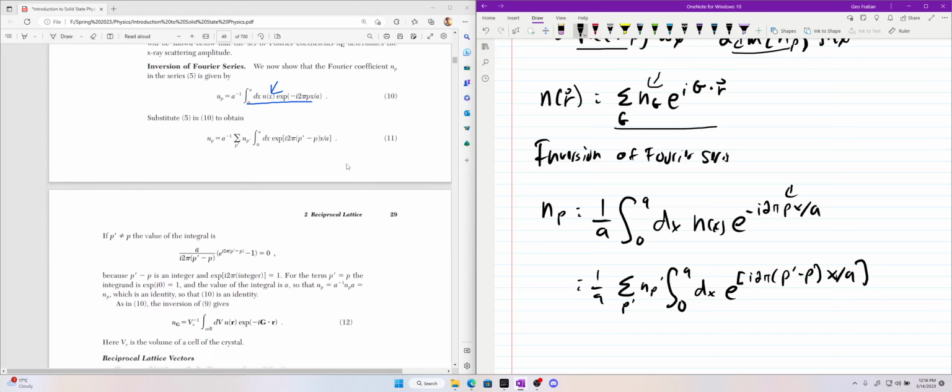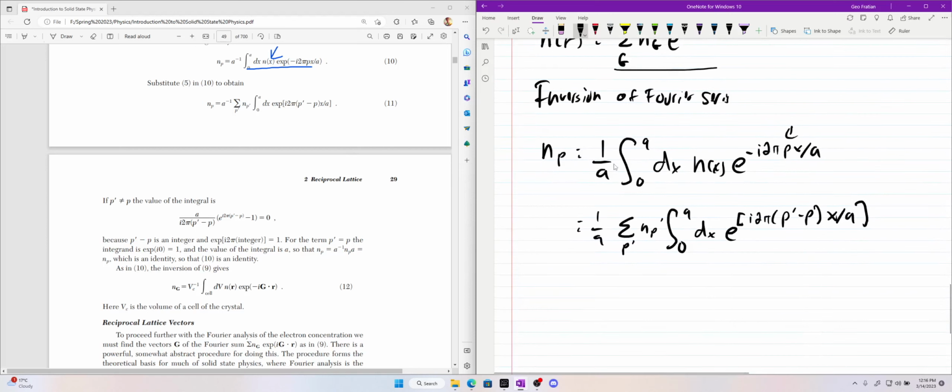Okay, and what this then tells us, if P prime does not equal P, so this sum right here, because this sum over P prime is over all these values, like let's say P is 5, it's 0, 1, 2, 3, 4, 5, 6, 7, 8.